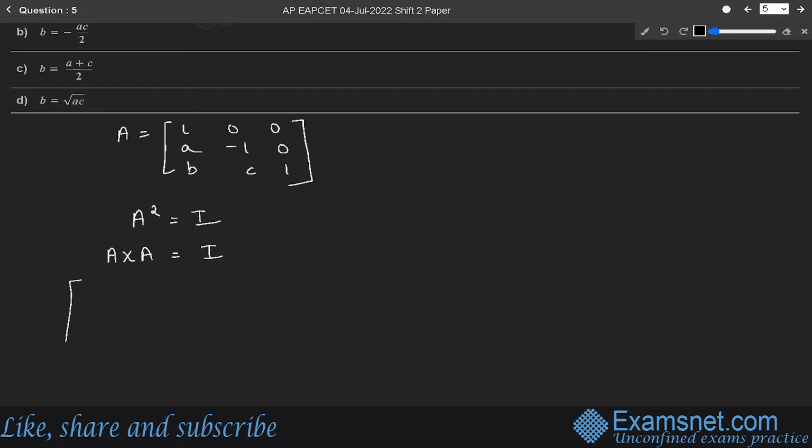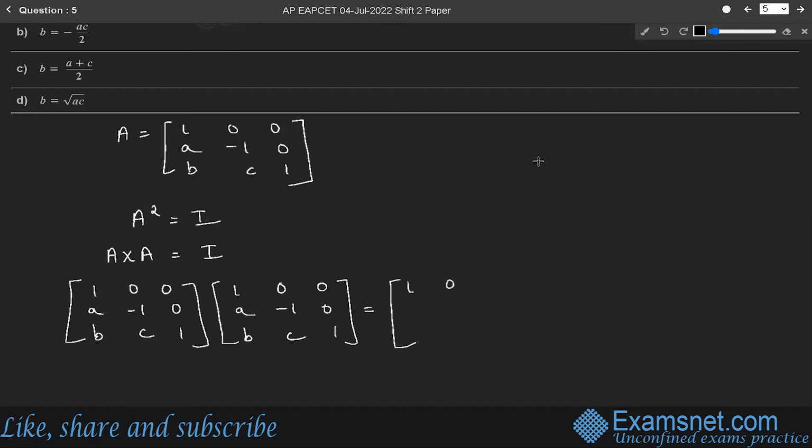Now putting the values for A into A, it will be [1, 0, 0; a minus 1, 0, 0; b, c, 1] into again matrix A, which is [1, 0, 0; a minus 1, 0, 0; b, c, 1]. This is equal to I, which is the identity matrix [1, 0, 0; 0, 1, 0; 0, 0, 1].